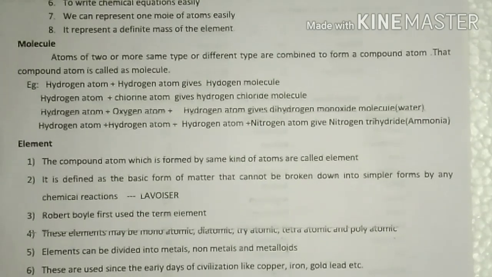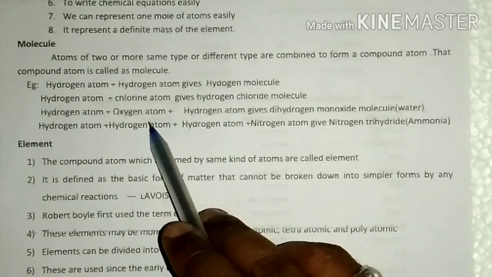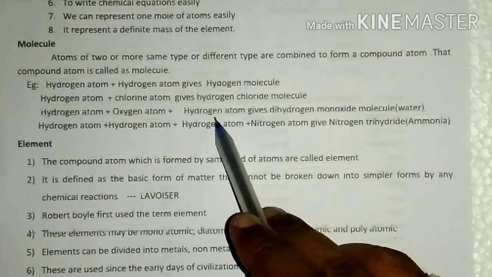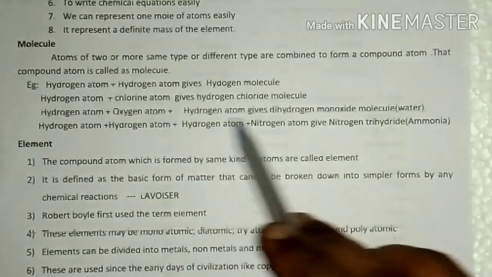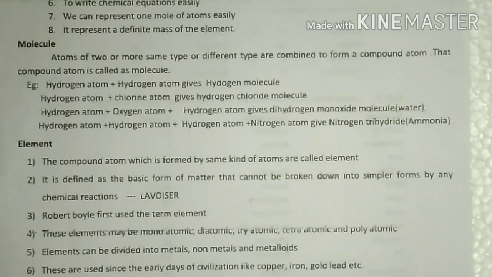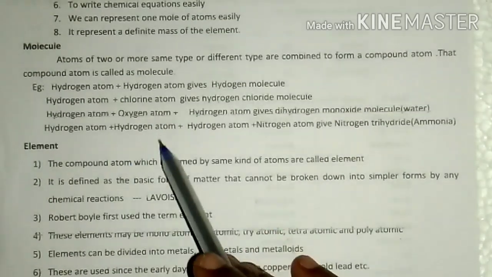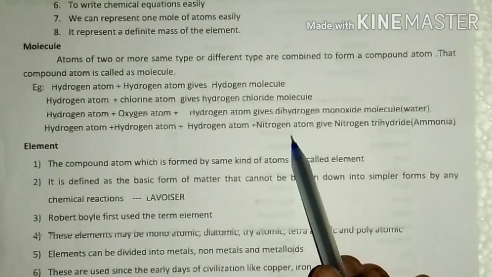If you observe one more example here, a hydrogen atom, an oxygen atom, and again a hydrogen atom. Totally how many hydrogens? Two hydrogens and one oxygen. So it is called dihydrogen monoxide. One more example: hydrogen atom, hydrogen atom, hydrogen atom, and one nitrogen atom.